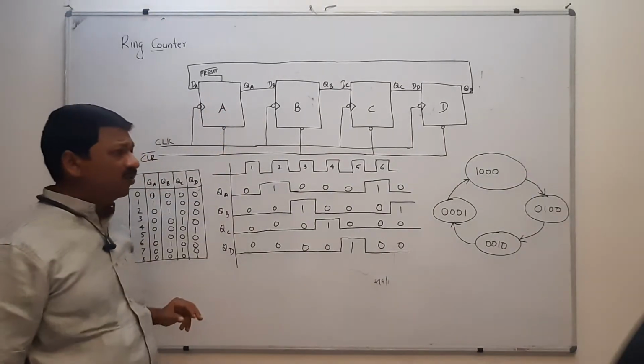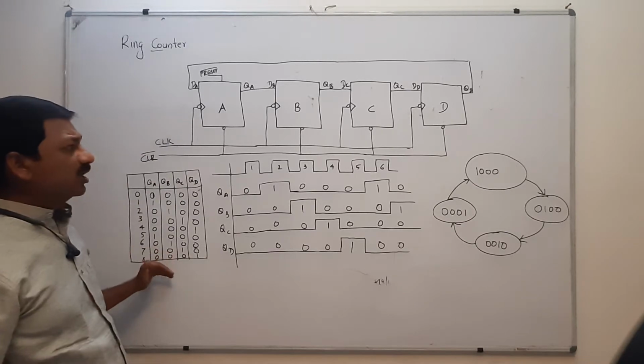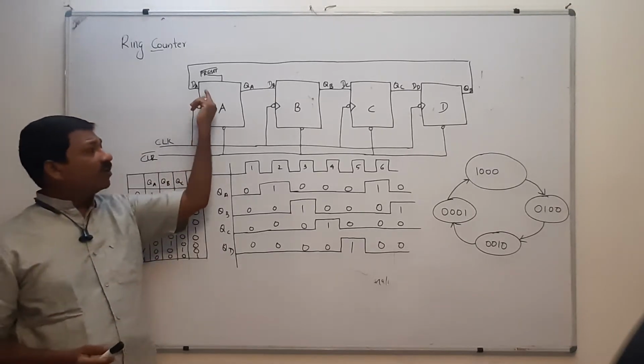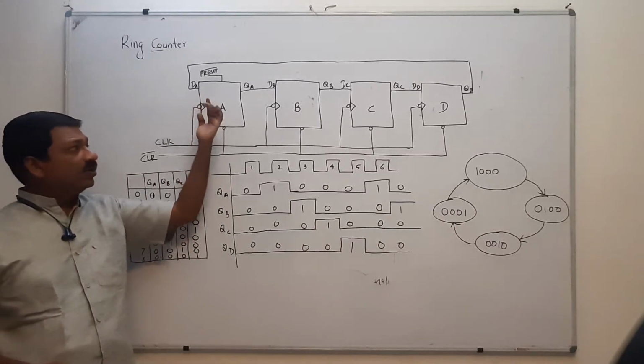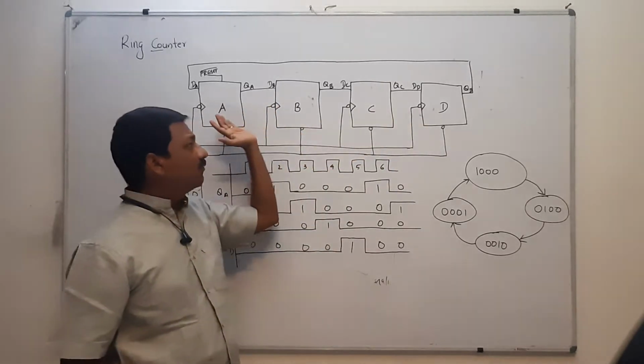Now I am going to draw the truth table for this. Here is the truth table. For example, before the first clock cycle is applied, you can set any of the flip-flops.